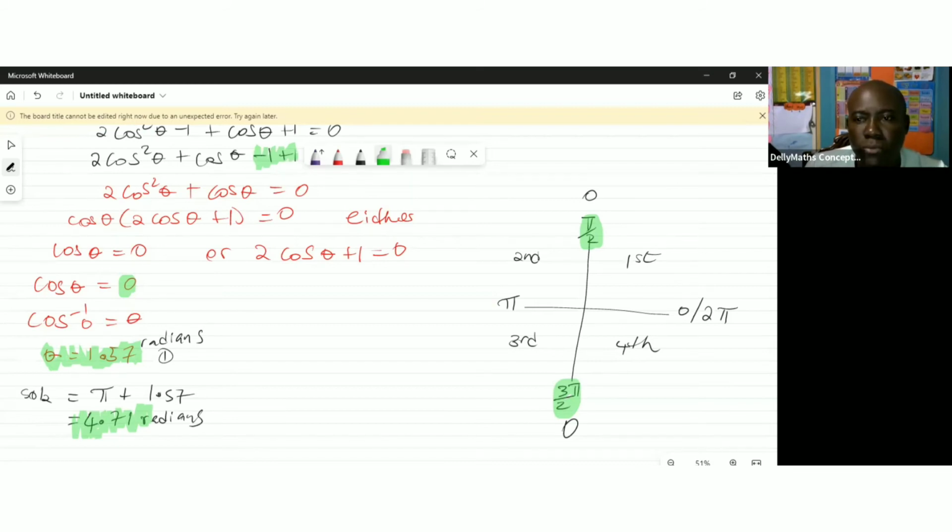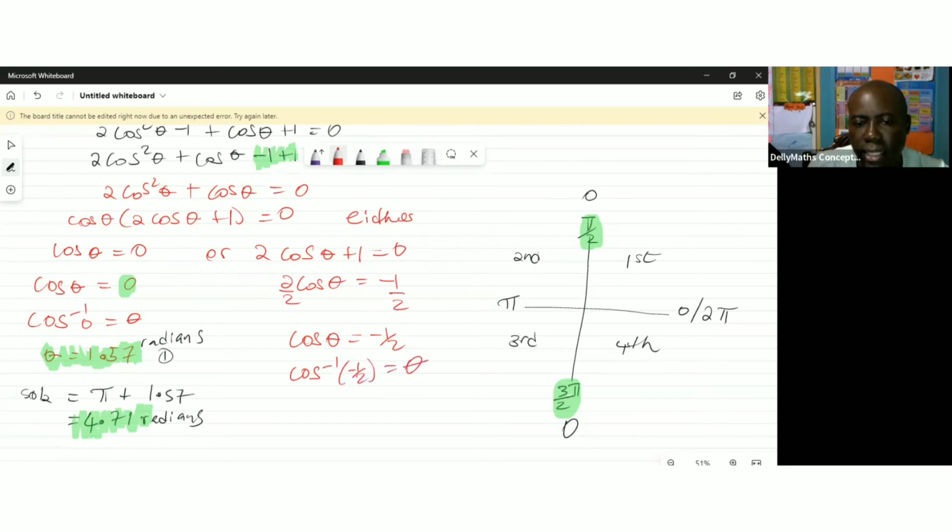Now, let's go further. We've worked out the first response. For the second response, as you could see, 2 cos theta is equal to -1, subtracting 1 from both sides. We're going to divide by 2, divide by 2. So cos theta is equal to -0.5, which means to find the first value, we have to say cos inverse of -0.5.